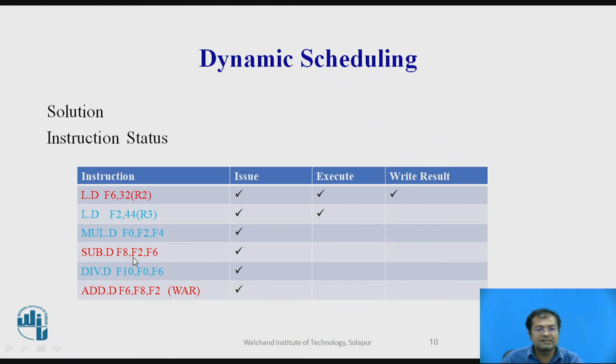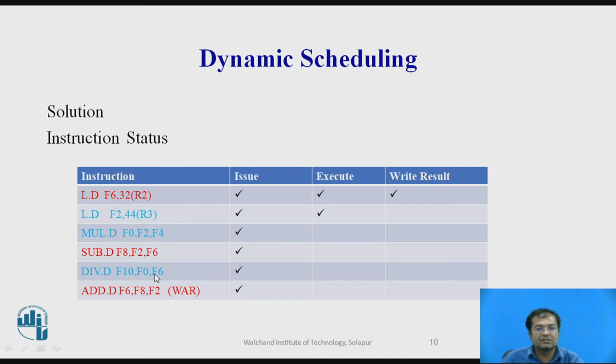But in this instruction, the previous value available in F2, without execution, is taken for subtraction. But if this executes, then F2 is updated, so it won't take that old F2. This updated value is taken by this MUL and it will go for execution.